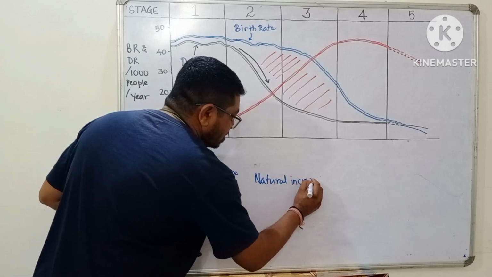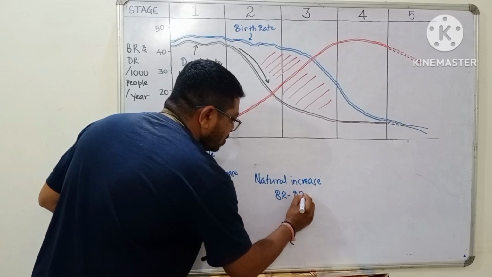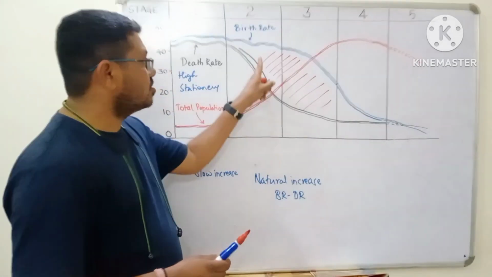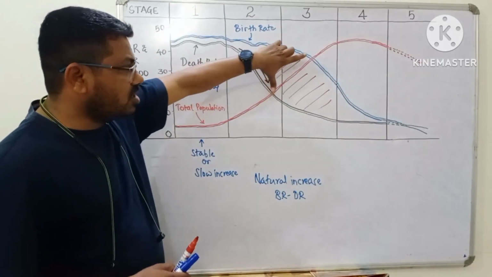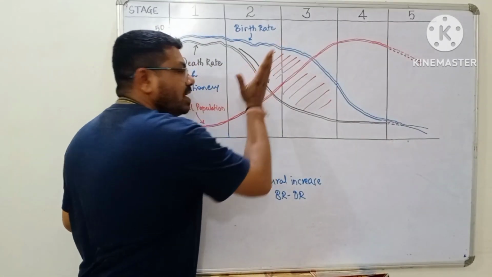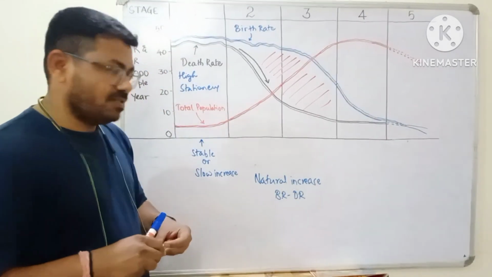When we say natural increase, it is simply the difference between birth rate and death rate. Birth rate minus death rate is natural increase. And because there was a gap, total population has started rapidly increasing, right? So this was the second stage.